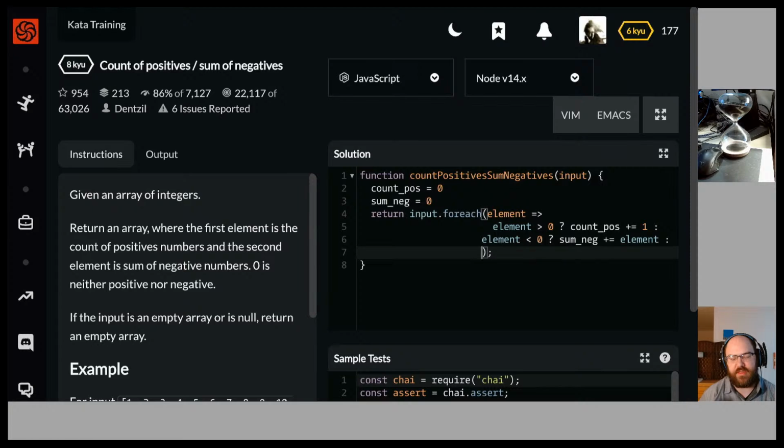Otherwise, what do I say to do nothing? In Python, I would write pass. But here, console.log hello, if in doubt, hello world.